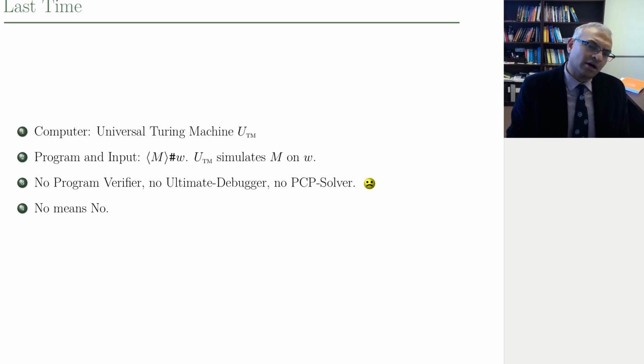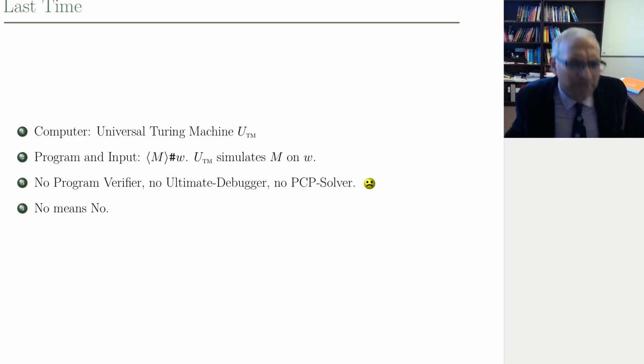And a problem is a language, a set of finite binary strings. The goal of an algorithm is to take an input and say yes or no, does it belong to your set? And if a particular language or computing problem can be solved by a decider, then that problem is solvable, and we say that it's computable. But then there are problems which we prove are not solvable, so those are not computable.